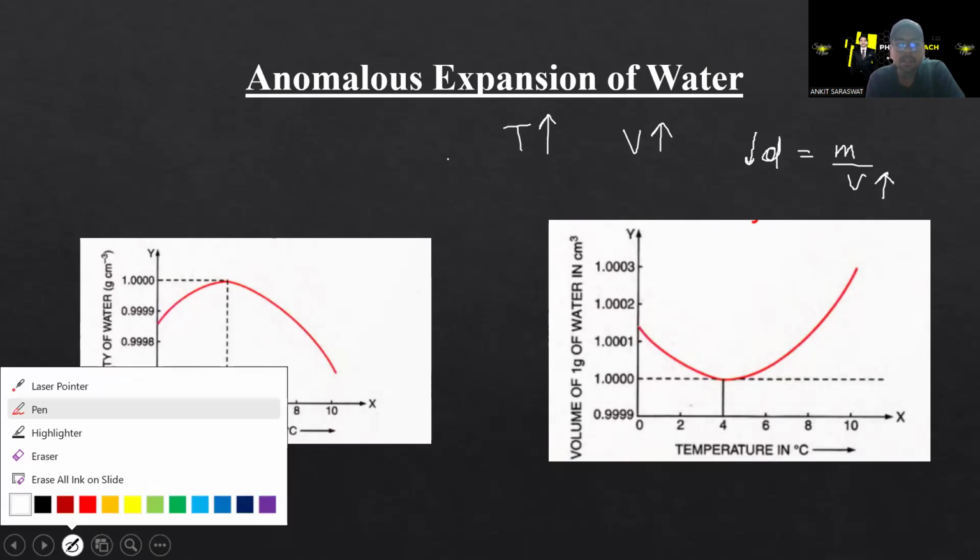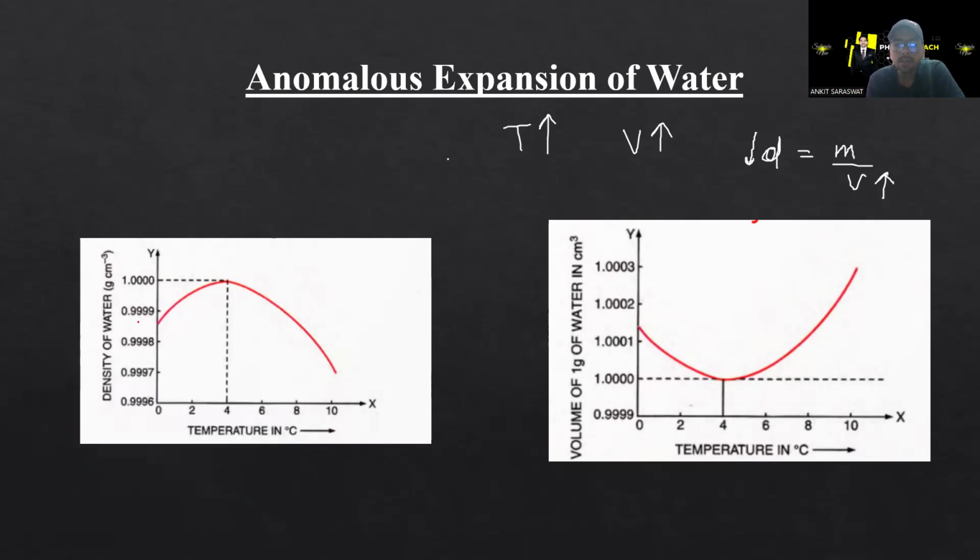Because of hydrogen bonding, this thing is found in water, and this is the reason. Even if ice is formed in the sea, still aquatic animals do not die, due to this anomalous expansion of water.